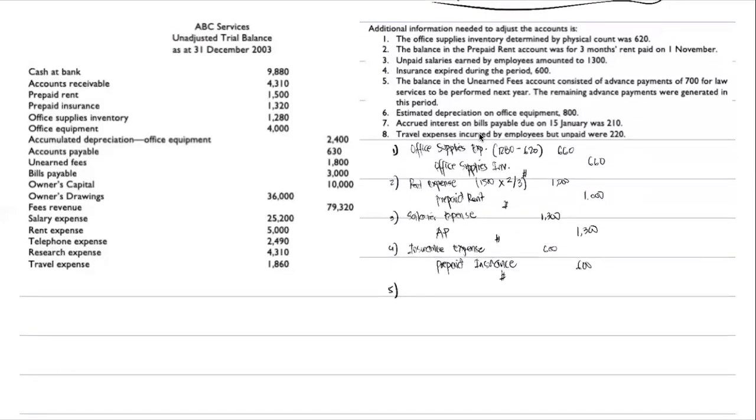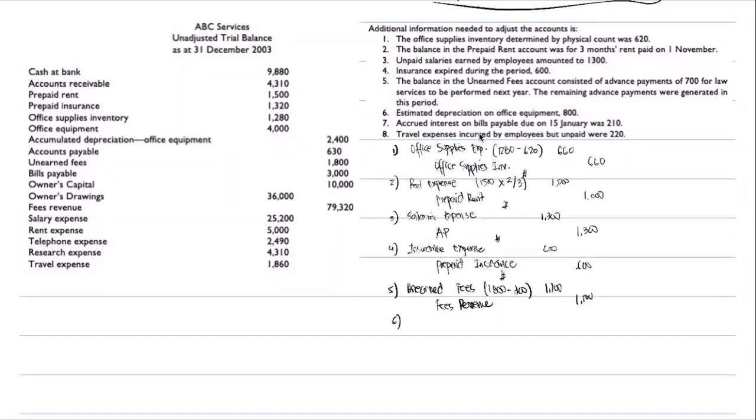Sabi dito sa problem, 700 na lang daw yung hindi pa natin na-earn, so kailangan natin yan bawasan. Dapat ang ending niya ay 700. So ang gagawin natin is debit unearned fees, credit fees revenue.